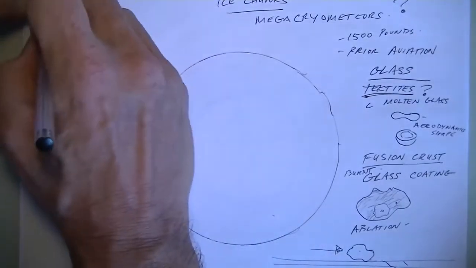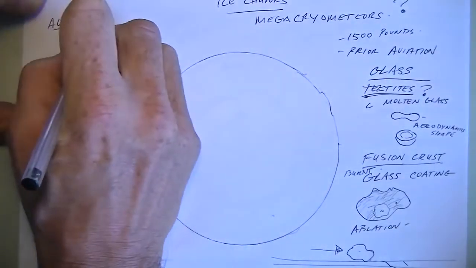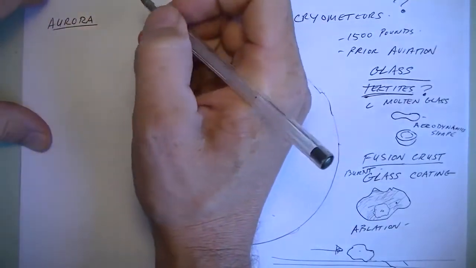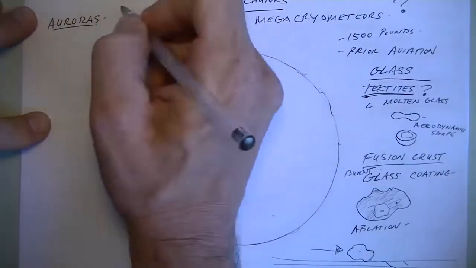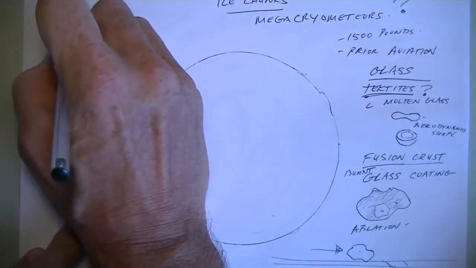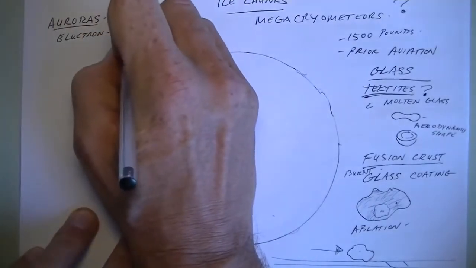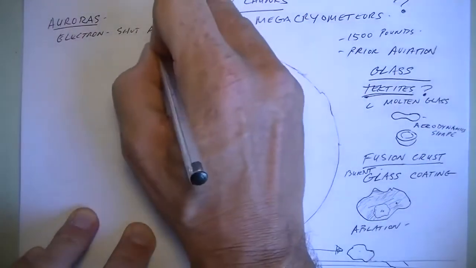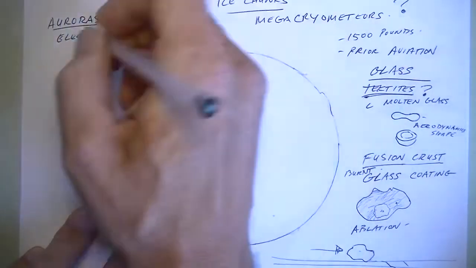Move on over here. Another piece of evidence that there's glass in the sky. Auroras borealis, okay, or auroras australis, however you say that. Auroras are a direct result of electrons being shot at glass, at an obstacle.